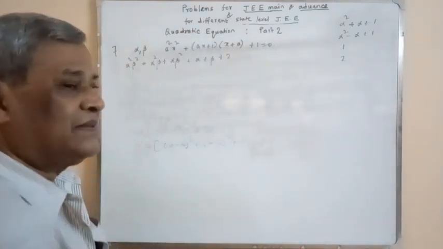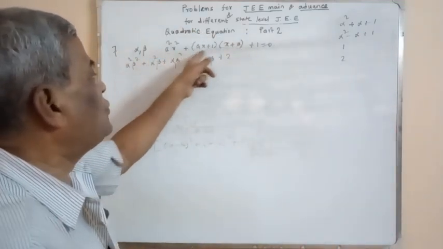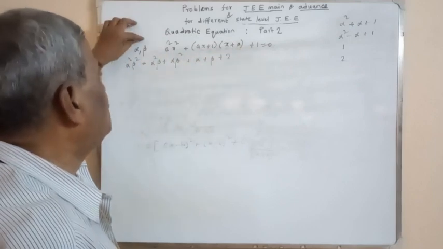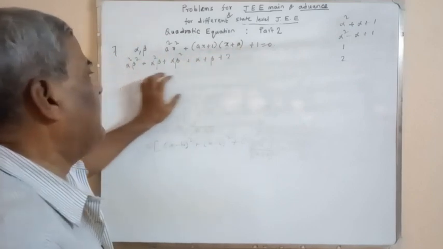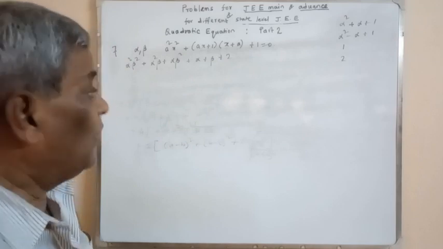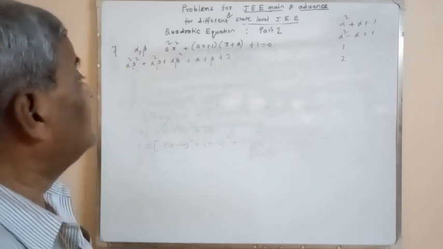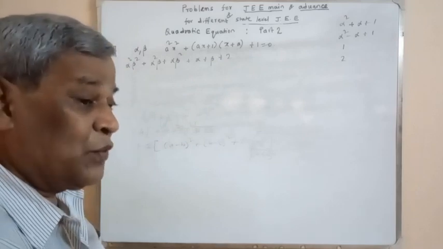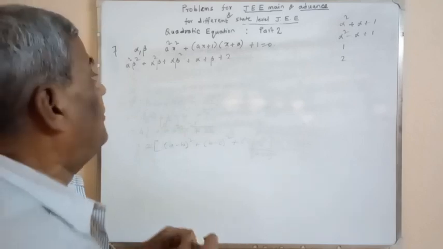So in this case, one quadratic equation is given, two of the roots are alpha and beta, to find this value. Now let us find the quadratic equation in standard form.